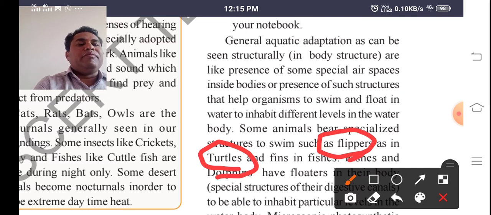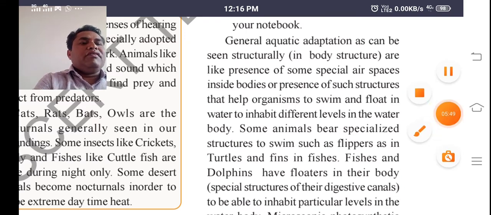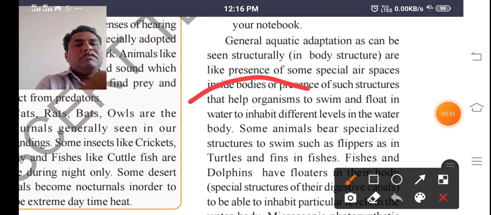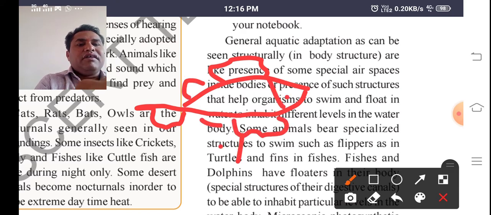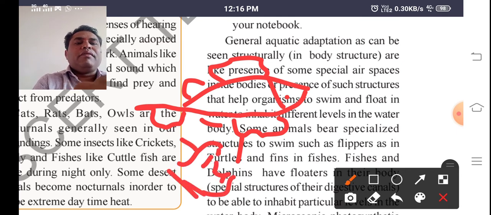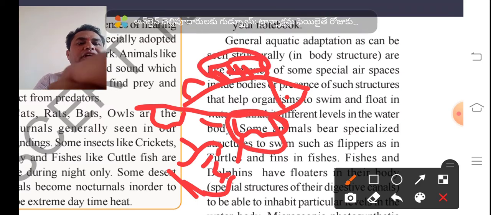They help the animal to swim in the water. So, fins in fishes. In Telugu we call them vajalu. So when you take this fish, it has fins, vajalu. These are called fins, and they help the fish to swim in the water.